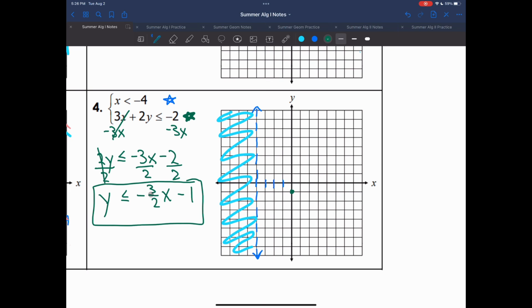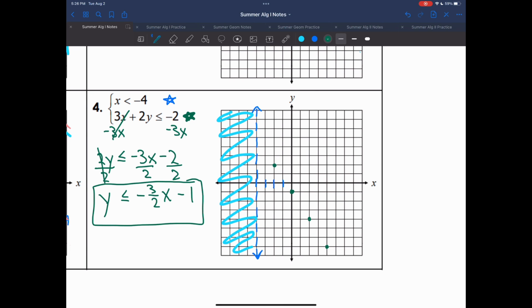A slope of -3/2. That means I'm going to go down 3, 1, 2, 3, and to the right 2. Always to the right. And again, down 1, 2, 3, right 2. And then the only time I go to the left is when I completely reverse it to get more points this way. So now I'm going to go up 1, 2, 3, and to the left 2.